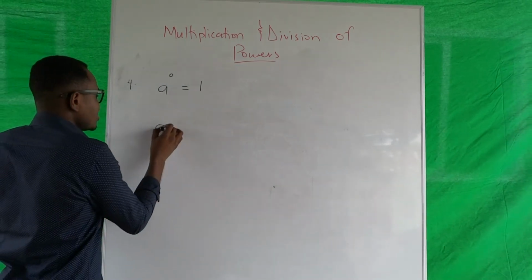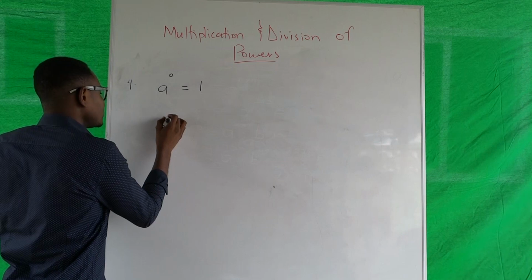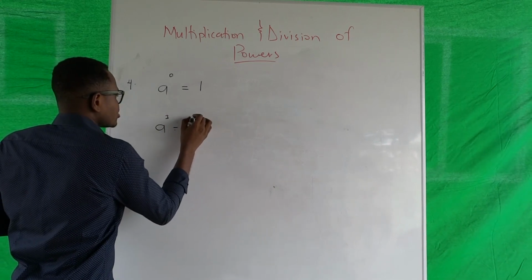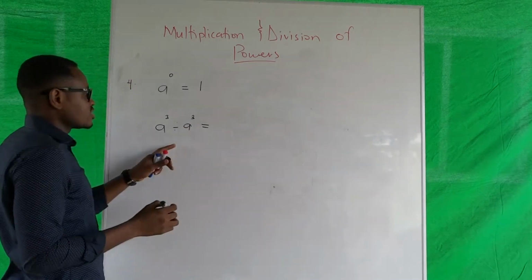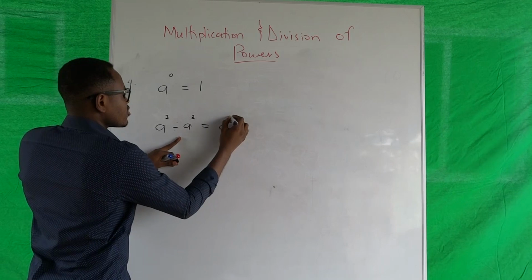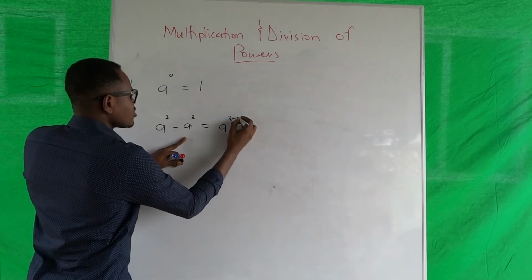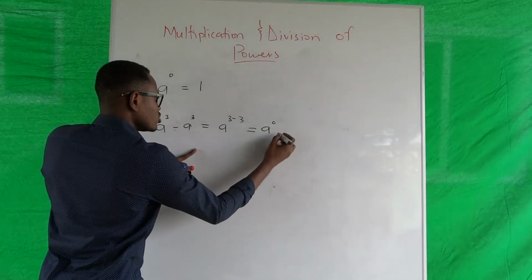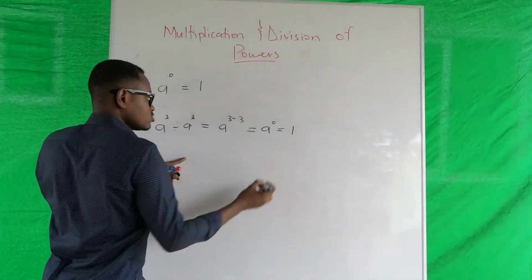If I say a to the power 3 divided by a to the power 3, how will you solve it? This is the same as a raised to the power 3 minus 3, which is equal to a to the power 0, which is the same as 1.